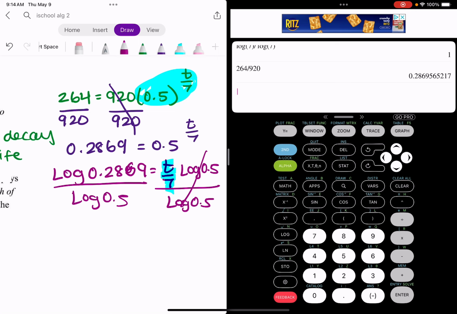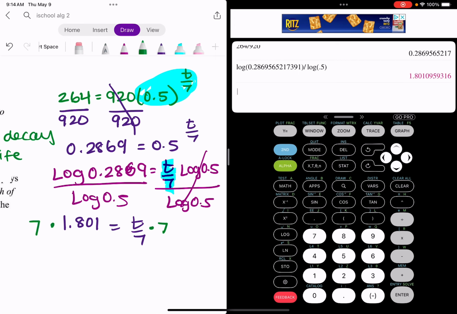So we want to take the log and then scroll up to get your last answer and hit enter. Close the parentheses, divided by log of 0.5. Press enter. We get 1.801 equals T over 7. And then finally, to get the T by itself, I have to multiply both sides by 7.